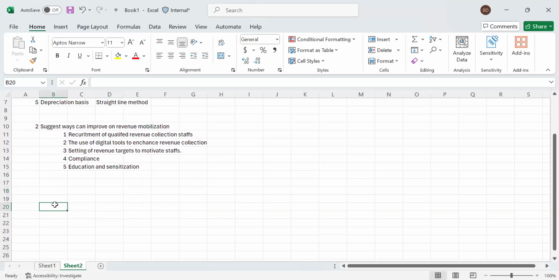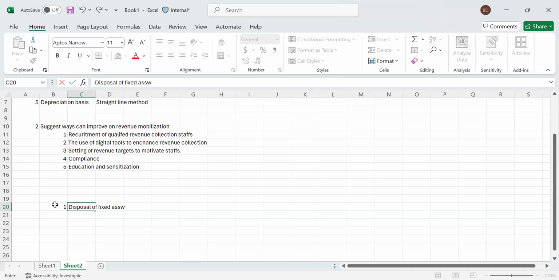So our first theory question was on disposal of fixed assets and asset register.